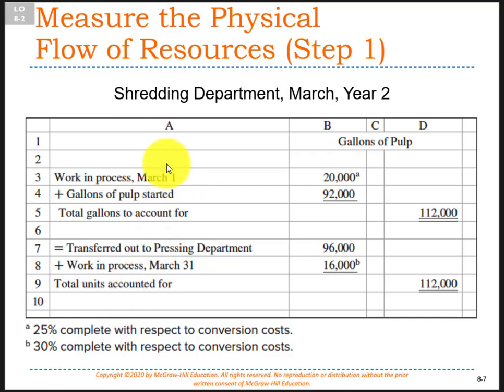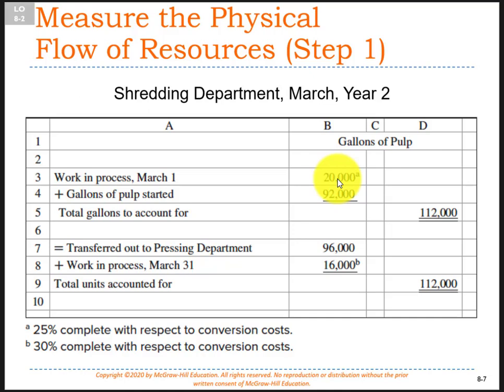So in this shredding department, just getting a feel for what's happening, we have, and this is the case with every department we're working on, what was in process on March 1st. So we took a snapshot on March 1, and at that point in time, we had 20,000 units sitting, partially done in the shredding department. Remember, shredding department is our first department.